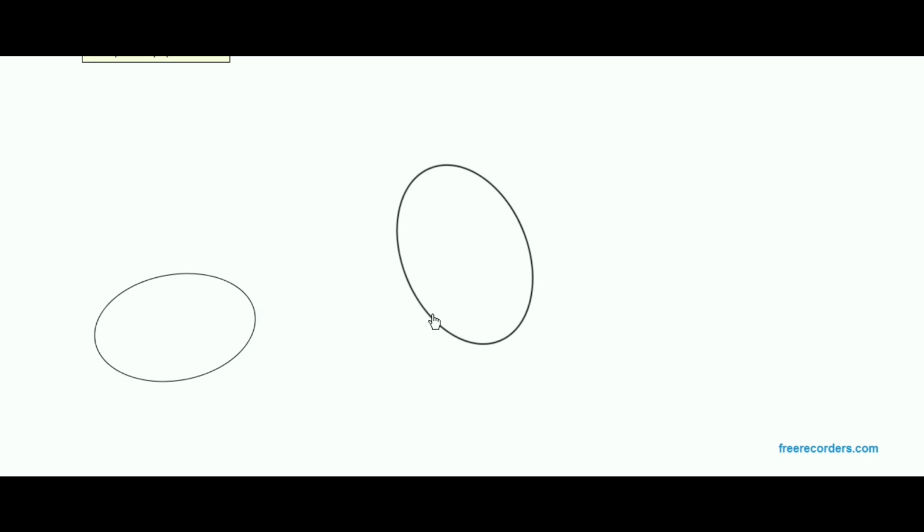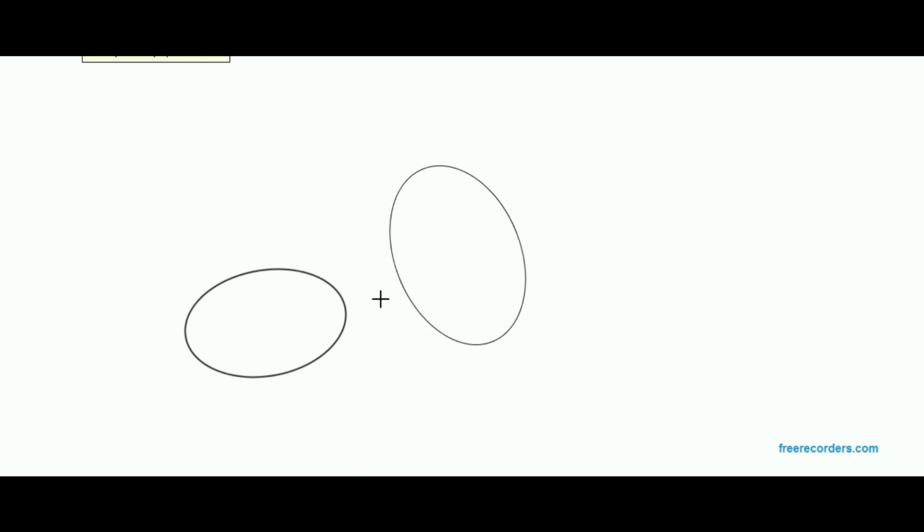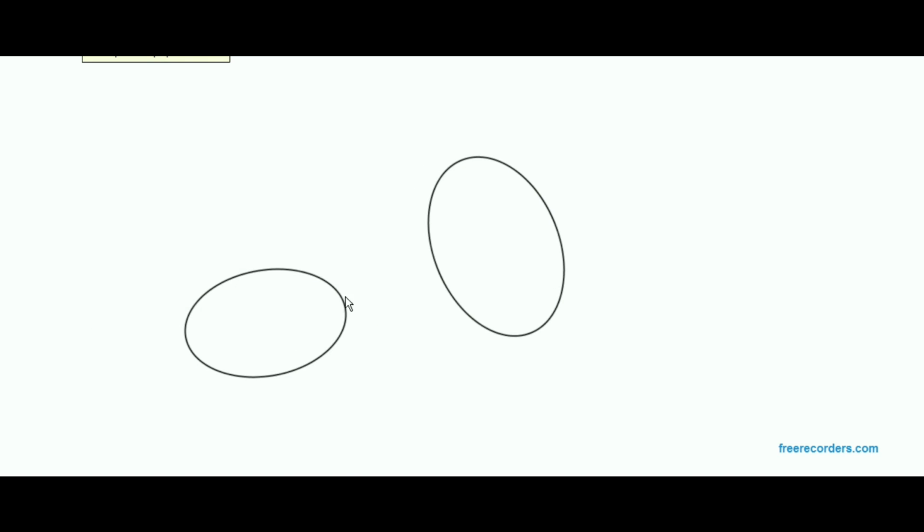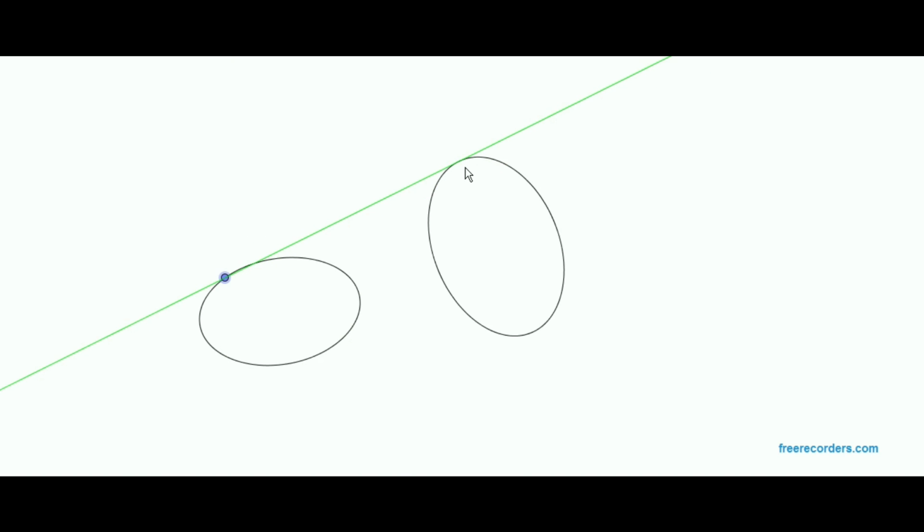So we've already looked at how to find where 2 distinct circles meet, but now let's have a look at the more general issue of where 2 distinct ellipses meet. Now, in order to do this construction easily, let's assume that we can find the tangent lines which are tangent to both ellipses at the same time. So there's going to be 2 of them, something like that.